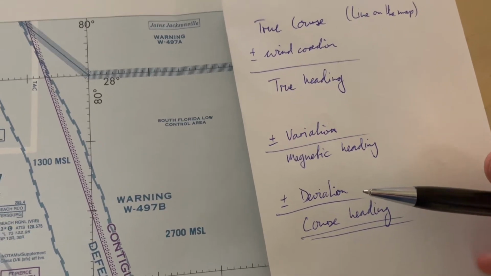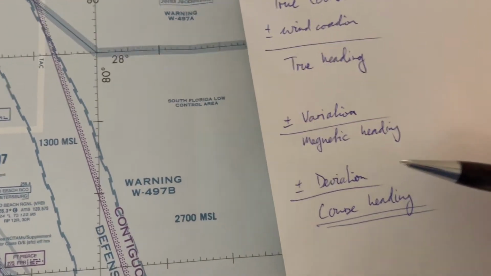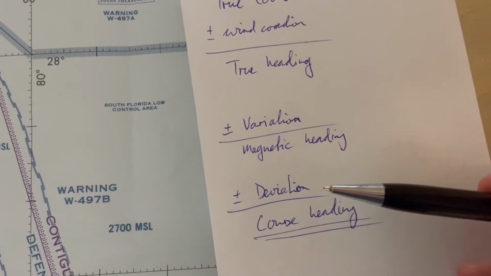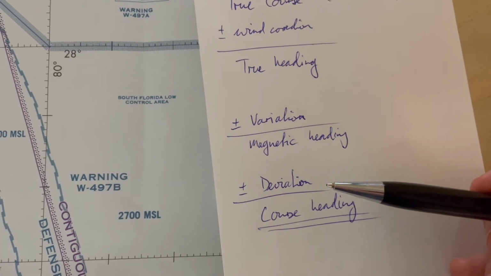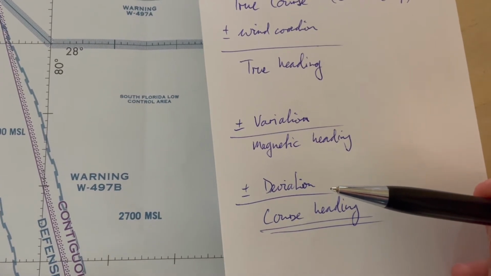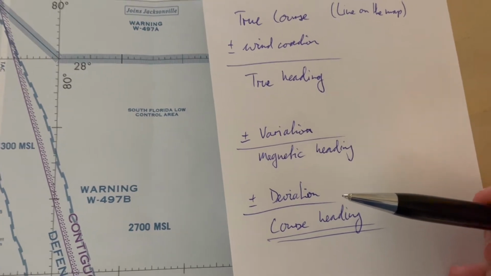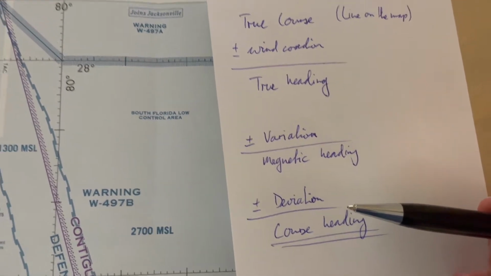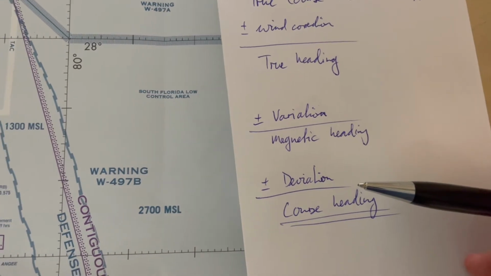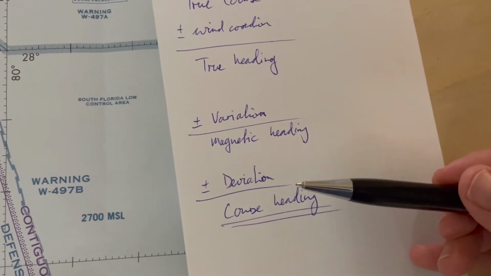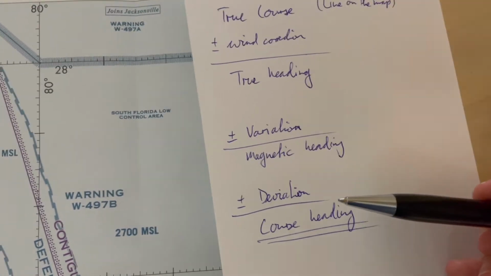Specifically, how you would need to change your heading from a magnetic heading in order to compensate for, for example, metal and electric deviations that influence the compass in your aircraft.